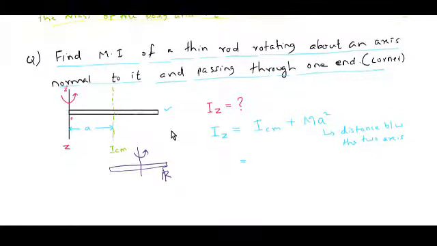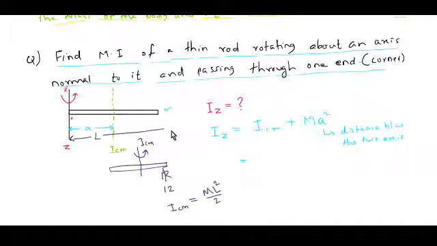Then one can write this is a 1 and 2, and the I center of mass, that is about this axis. It is given in the question, this should be noted here, this is the total length of the stick.